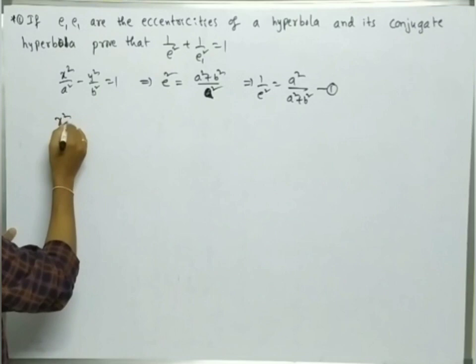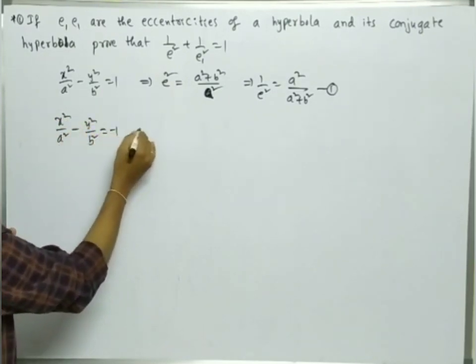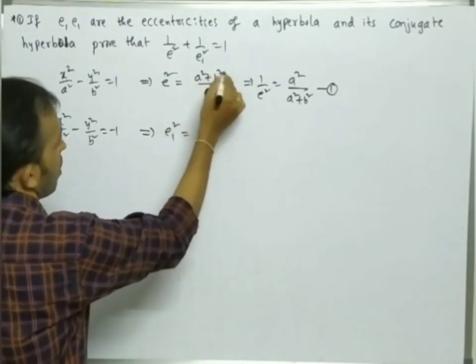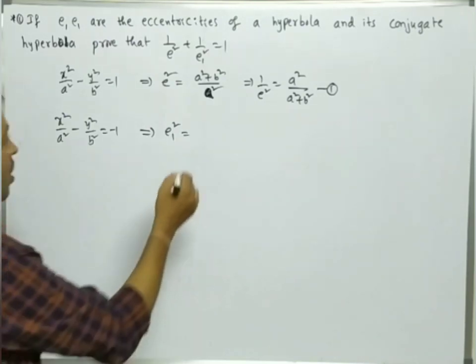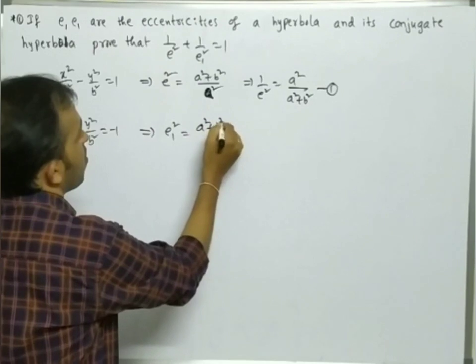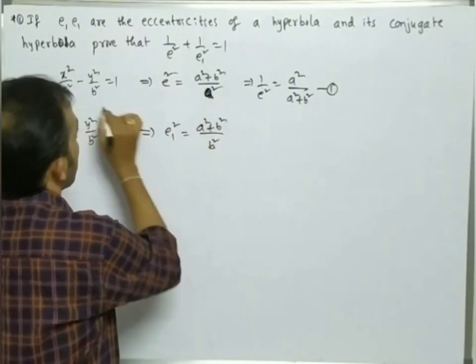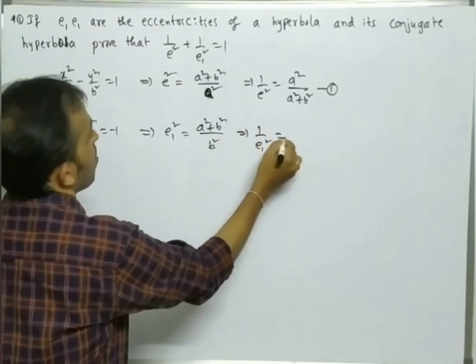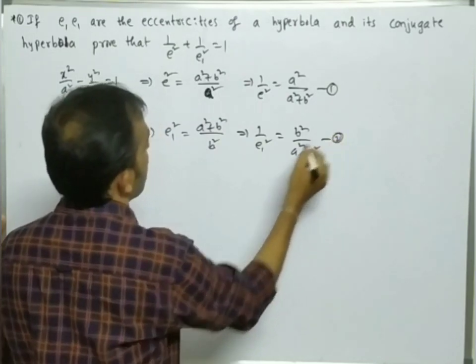Next, the conjugate hyperbola x²/a² - y²/b² = -1. So the eccentricity e1² = (a² + b²)/b², since here the denominator is b². 1/e1², reciprocating, is b²/(a² + b²). This is equation number 2.